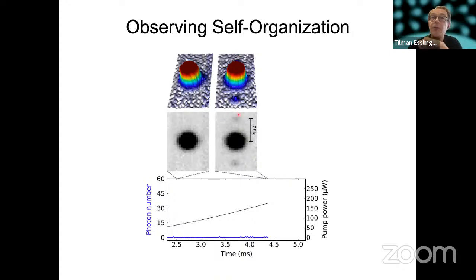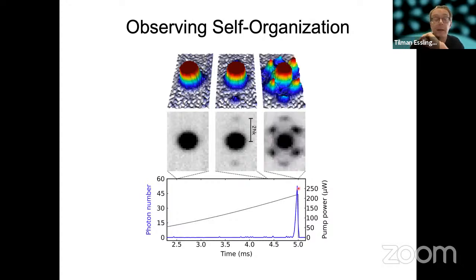And now you increase further, and then you see in the photon number a sudden spike. So an increase in photon number, and if you suddenly switch off your pump intensity and look at time of flight, then you see an interference pattern which corresponds to the self-organized phase.